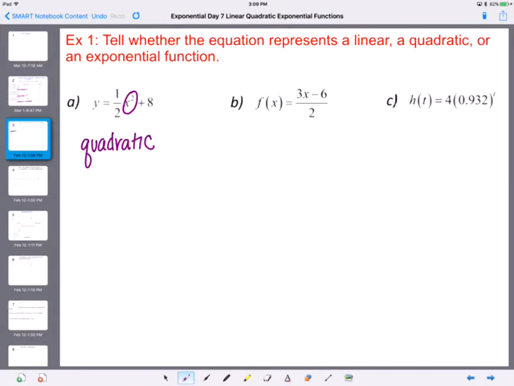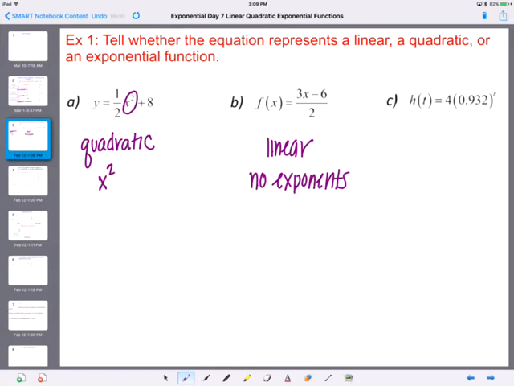Looking at example B, we have 3x minus 6 divided by 2. There are no variables as exponents, so this is an example of a linear function.